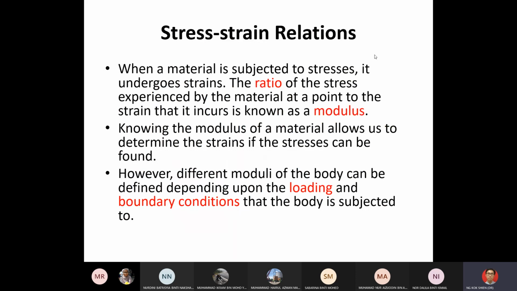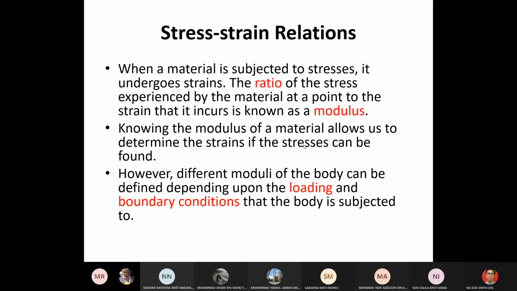So we have a different modulus for different loadings and different boundary conditions. If you have the modulus of material and you know the stress, then you can find the strain, right? And this modulus can be different under different boundary conditions and also under different types of loading.